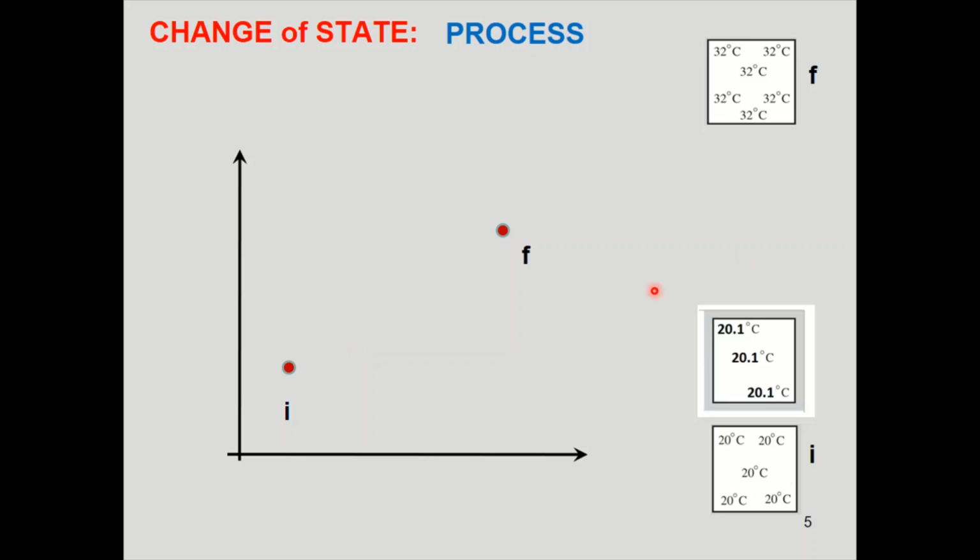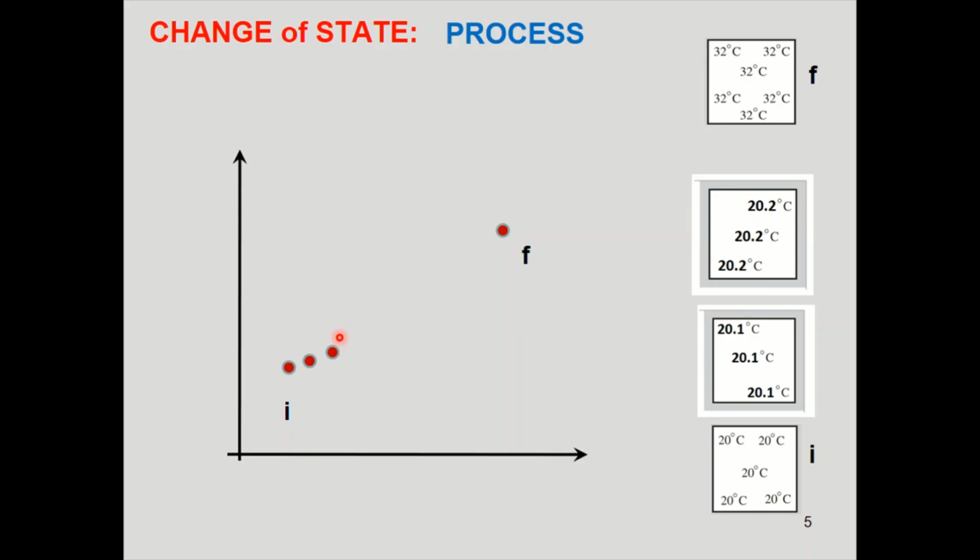Immediately after I, we have 20.1. After that, 20.2. So here as well we can plot it. After I, this point, we know that is 20.1. Pressure also we know. After that, this point, say 20.2, and pressure is this.